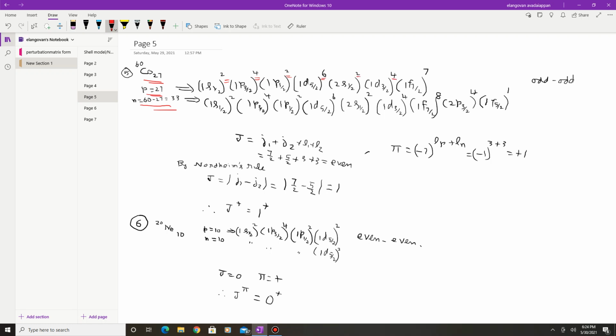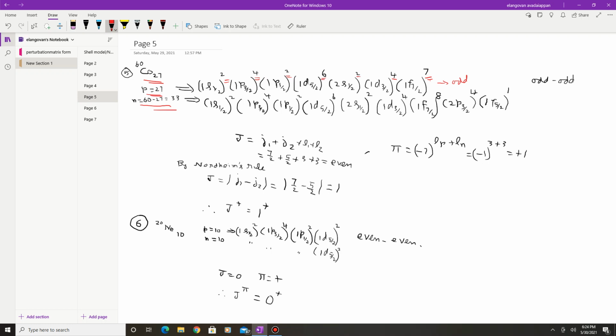The last unfilled level is 1f 7 by 2. This is not a complete shell, because a complete shell has 8 particles, and since there are only 7 protons here, this is incomplete. So 1f 7 by 2, 7. So this is an odd number of particles. Protons are in the outermost shell.